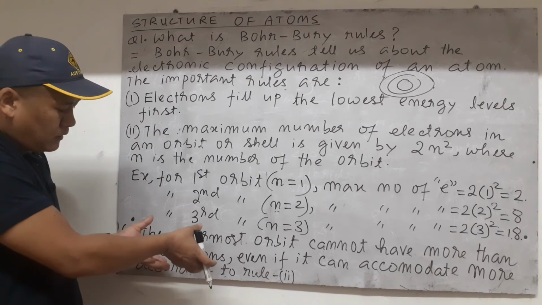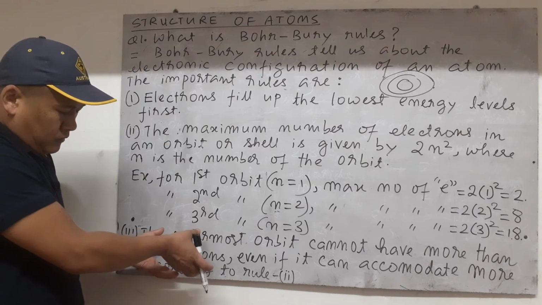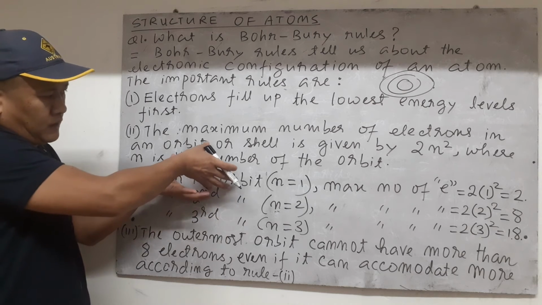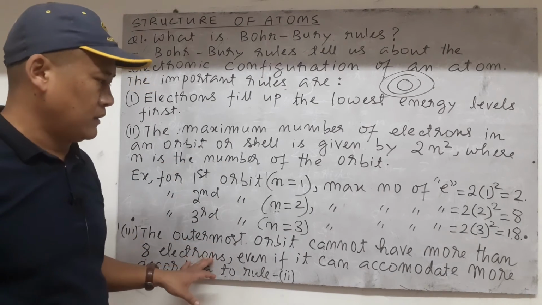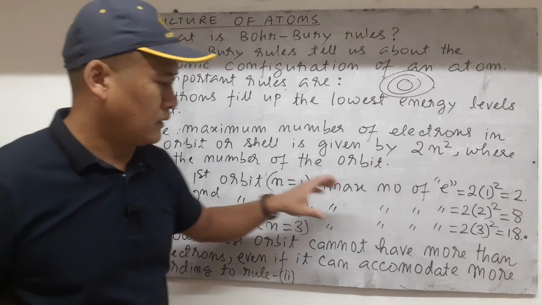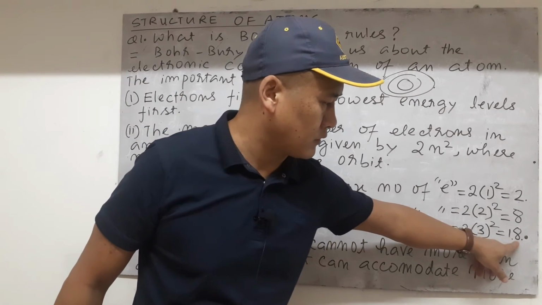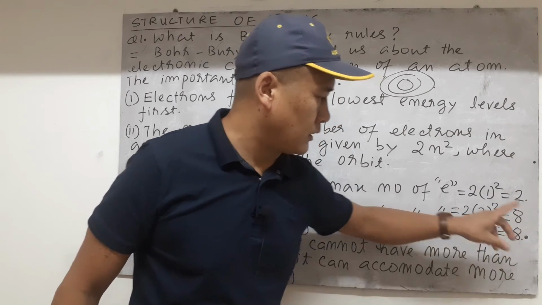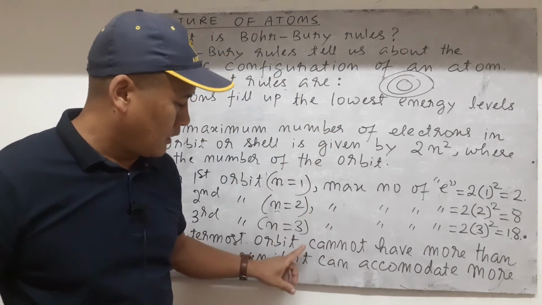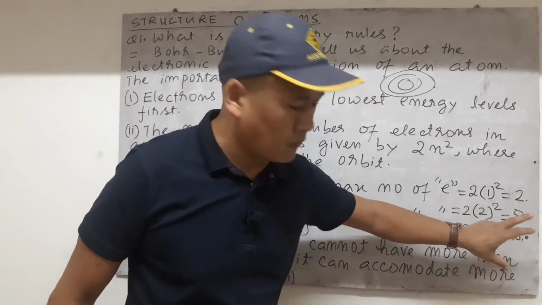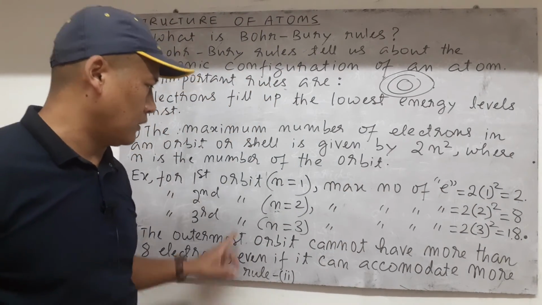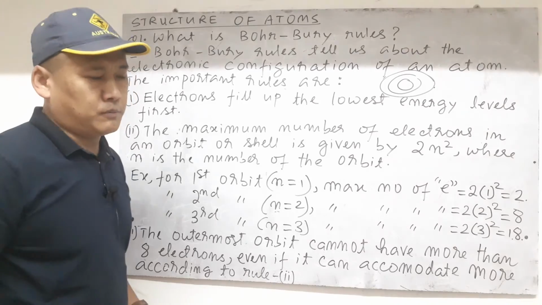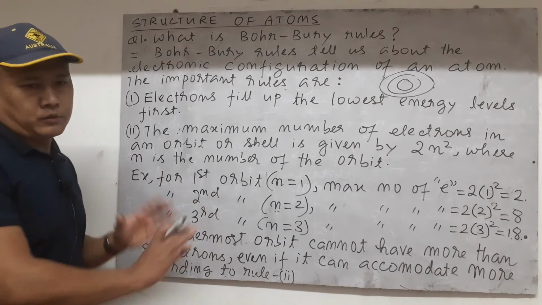But if we cannot satisfy rule 2 at the expense of rule 3, then because rule 2 is saying third shell can have 18 electrons, we cannot just put 18 according to rule 2. If the third orbit is the last orbit, then it has to obey the third rule rather than the second rule. That's what it means. But if both are possible, then that's fine.